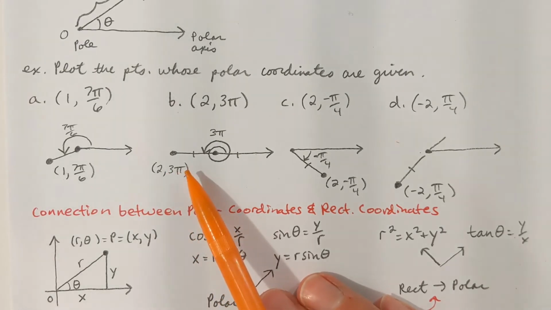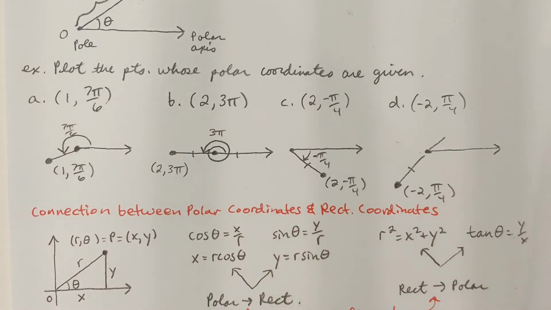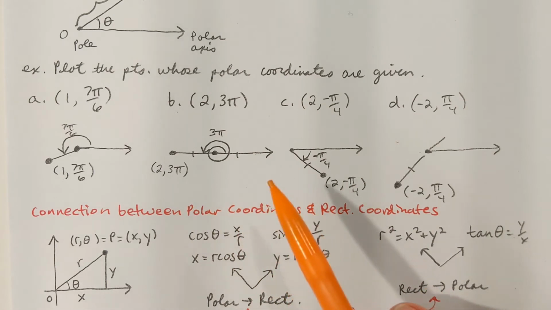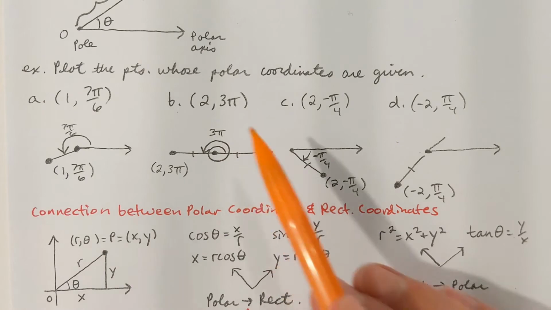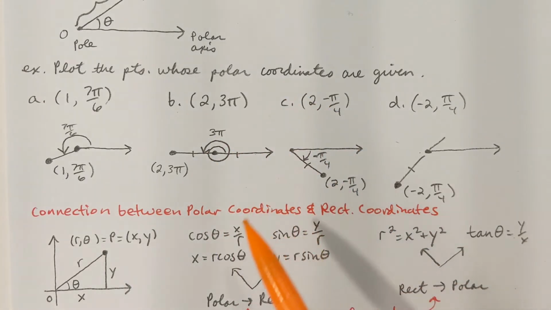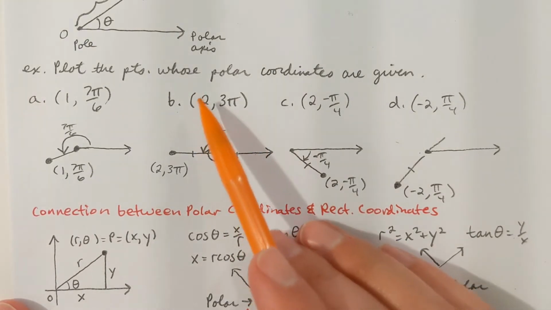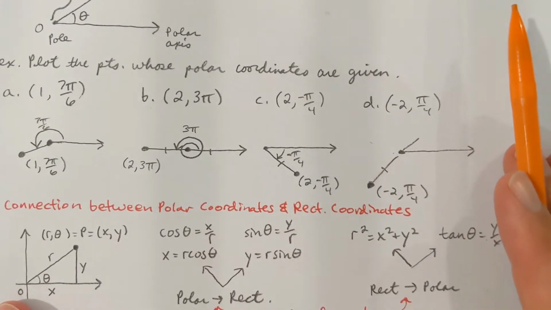The 3 pi axis is the same as the pi axis. So that's one observation here. In polar coordinates, you can describe a point many different ways. We'll see that, just depending on how many revolutions you take around the pole, or if you use another axis, you can sometimes have a negative r value. We'll see that here in part D.